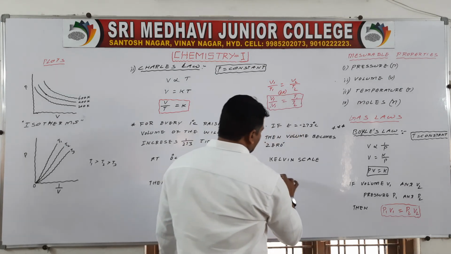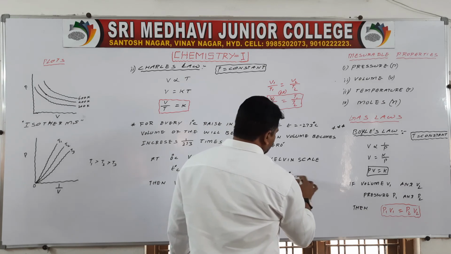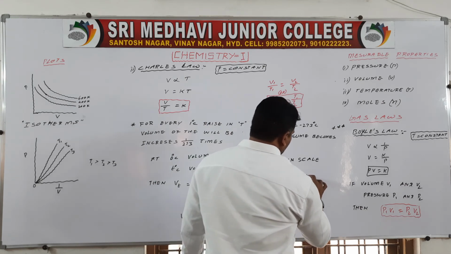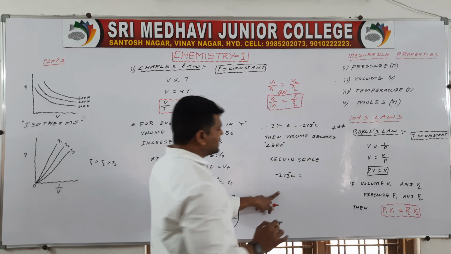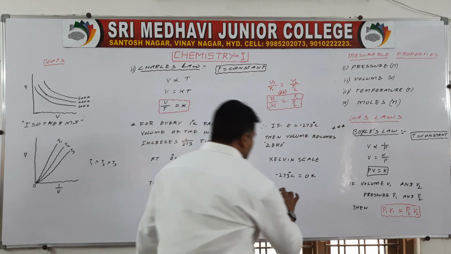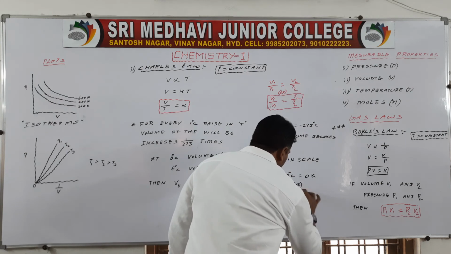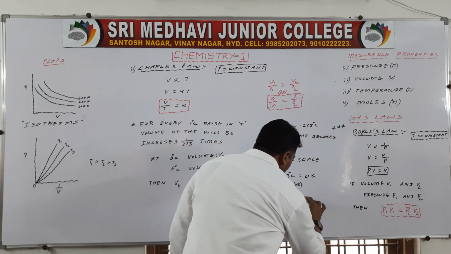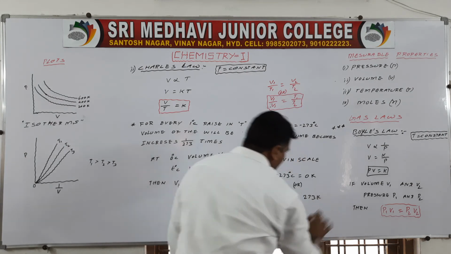In the Kelvin scale, minus 273 degrees Celsius is equal to 0 kelvins, or 0 degrees Celsius is equal to 273 kelvins.